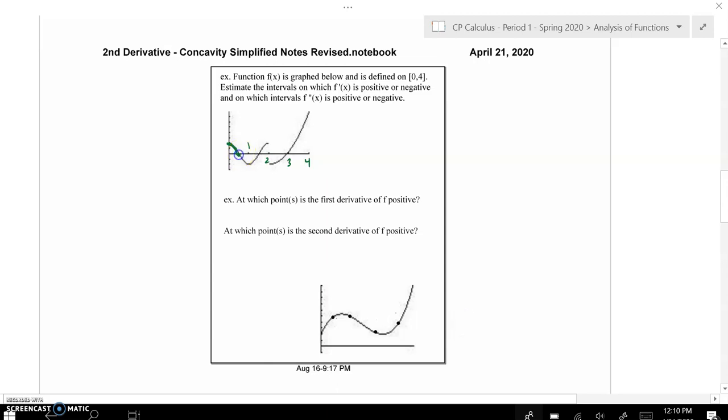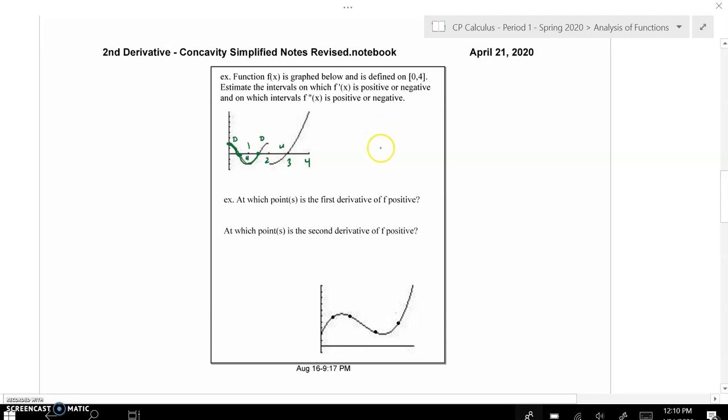But then right at this point here, it transfers to concave up. Then back at this point again, it starts to go back to being a frown. So we have down, up, down again. And then this part here from 2 on is completely concave up.